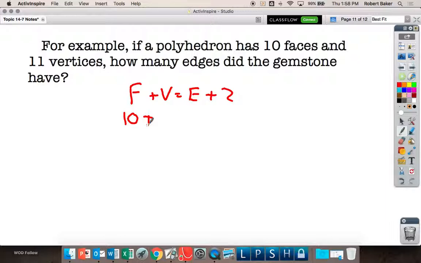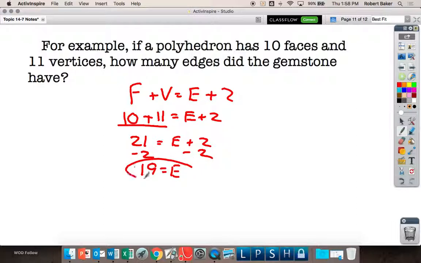Where does that go? And it's asking you to solve for E. What's 10 plus 11? Is that going to scare you? So there's one of those on there. And just remember in the formula, plus 2.